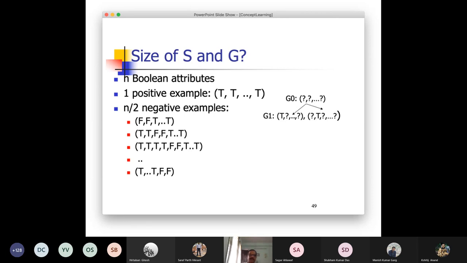In the next iteration, when you come to this example, which is a negative example, you can see that these two together cannot be false. So these are the two possible general hypotheses which will satisfy this and also reject these conditions. You agree? So in this case, you get 2 in number.